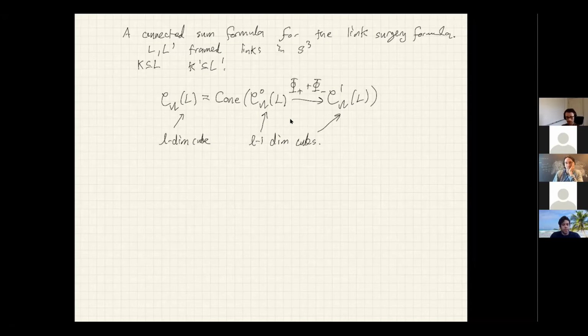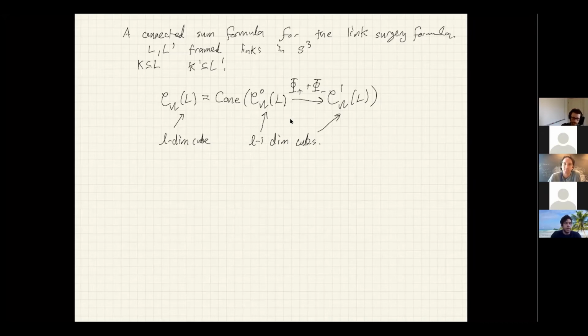The plus ones are for all the sublinks which contain k positively oriented, and the minus corresponds to all the sublinks of L which contain k negatively oriented. This is just a structural form of their hypercube, to say that you can decompose it this way.